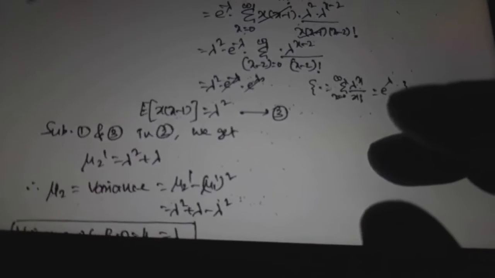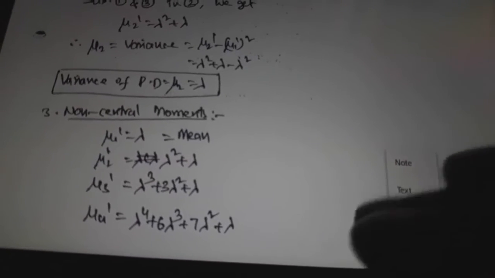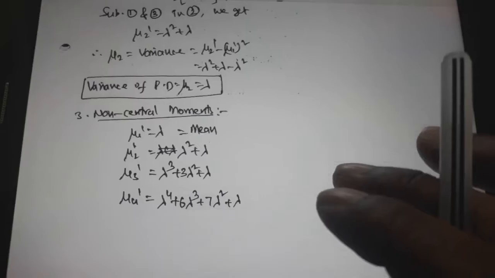Then expectation of x into x minus 1 is lambda square, so mu2 dash is lambda square plus lambda. Variance mu2 is mu2 dash minus mu1 dash whole square. Lambda square gets cancelled. Variance of Poisson distribution is also lambda. So if mean equals variance, then the distribution is called Poisson distribution. In Poisson distribution, mean equals variance.